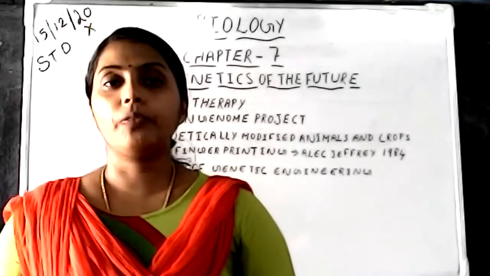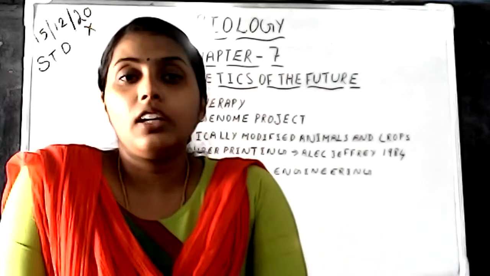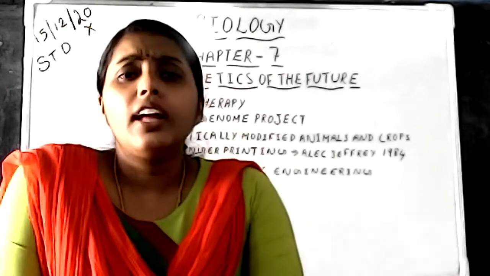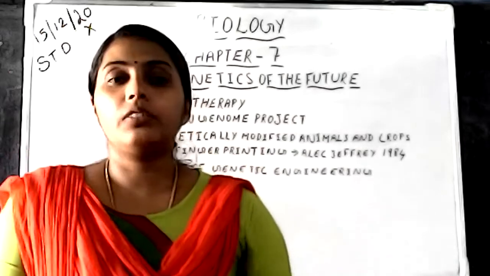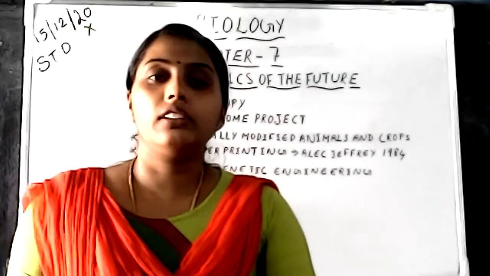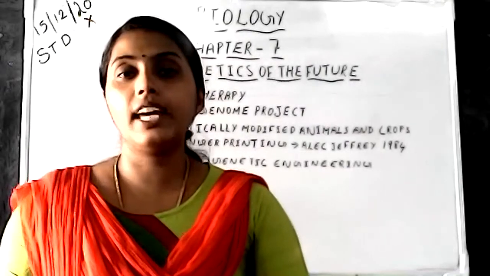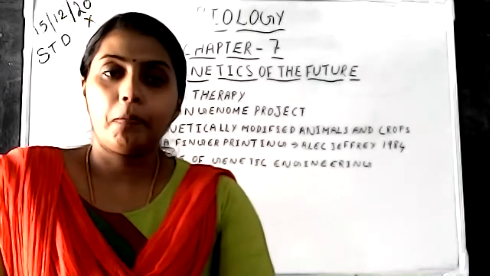Is it clear for you? That's about highly producing plants and animals. We can see some points regarding how we can modify genetically modified plants and animals.